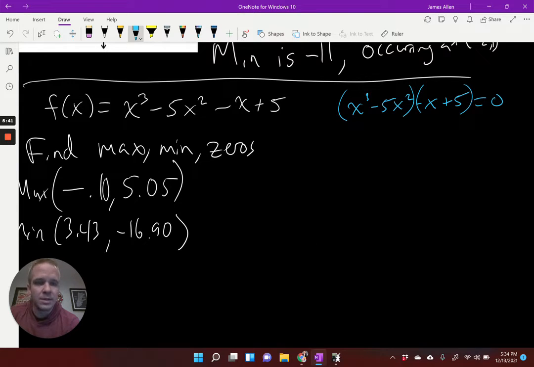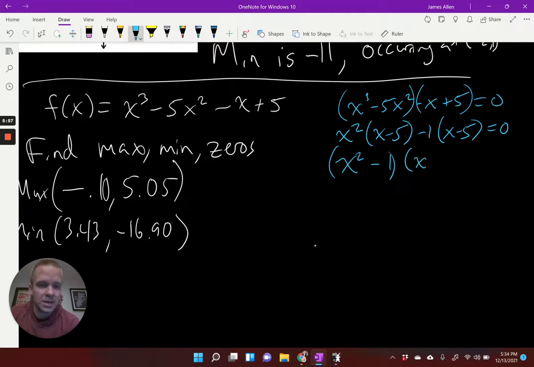So I can use factor by grouping here. I'm going to take out my GCF of the first one, which is x squared, and I'm left with x minus 5. The second one, I take out a negative 1, and I'm left with x minus 5. That equals 0. So now I have x squared minus 1, and x minus 5 equals 0.